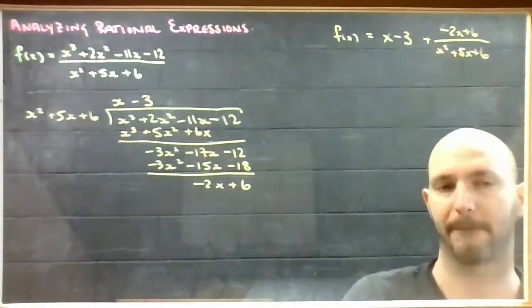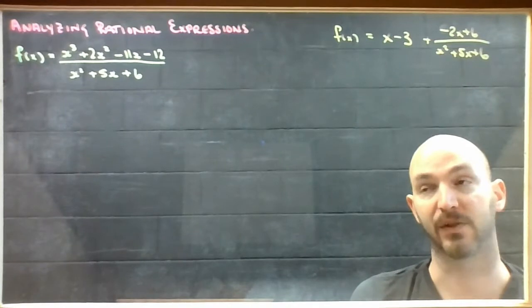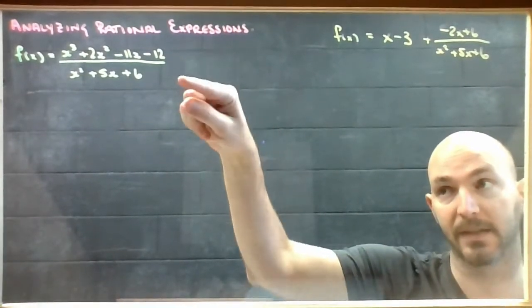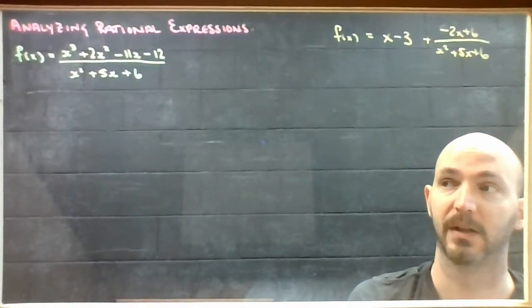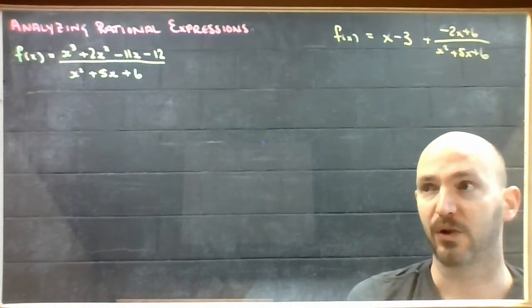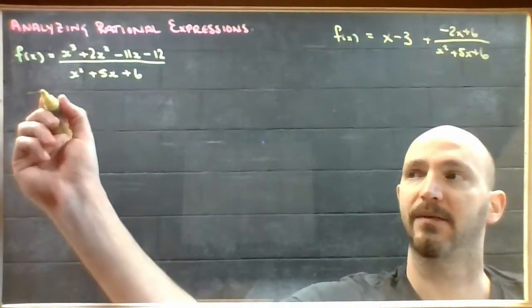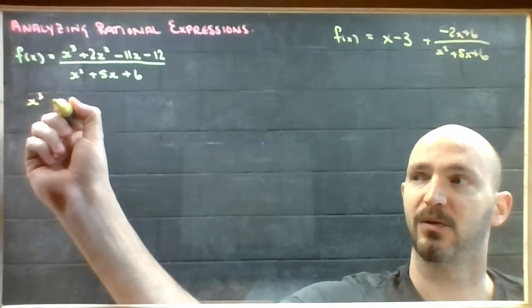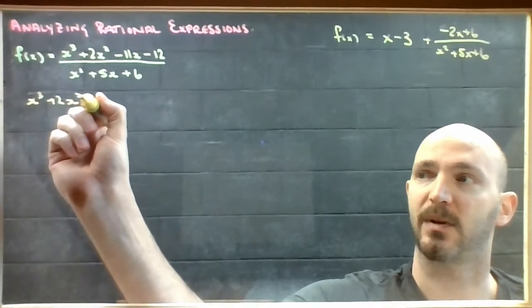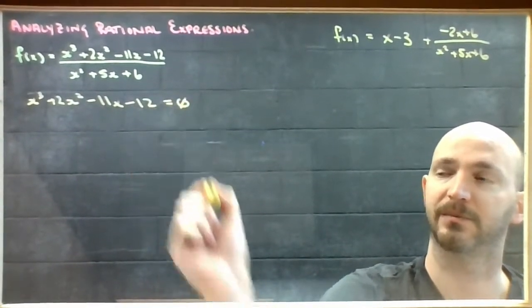The second thing I'm going to do is to actually factor the numerator, that's the thing on top, and the denominator of this particular rational expression. So I'm going to start with a cubic. So what I'm trying to figure out is, are there any values that would make x cubed plus 2x squared minus 11x minus 12 equal to 0?